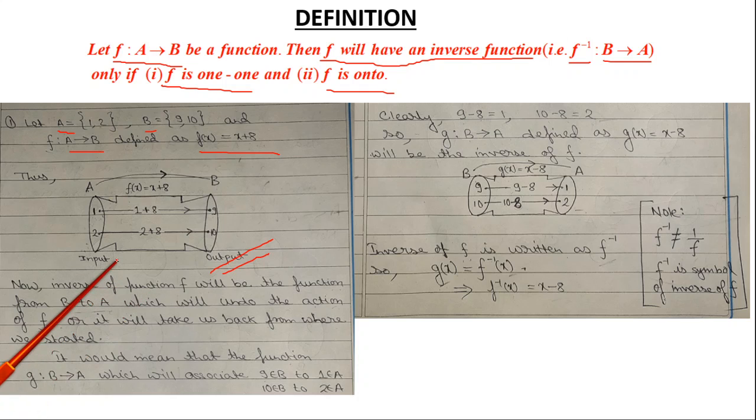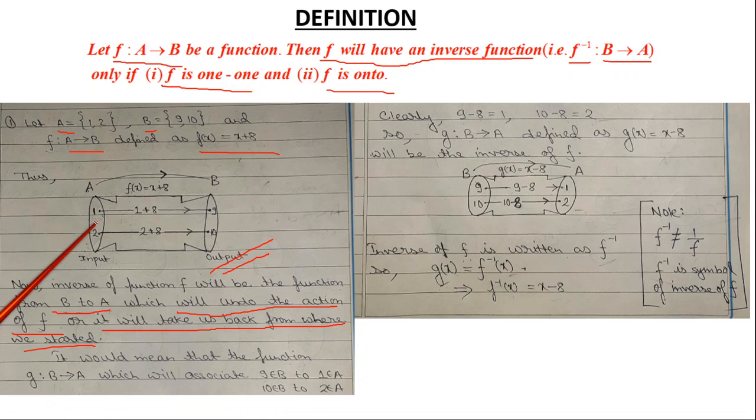Now the question is, what would be the inverse of this function? First of all, this is 1-1 as well as onto, so this will have an inverse, but what is that inverse? So the inverse of function f will be the function from B to A, which will undo the action of f, or it will take us back from where we started.